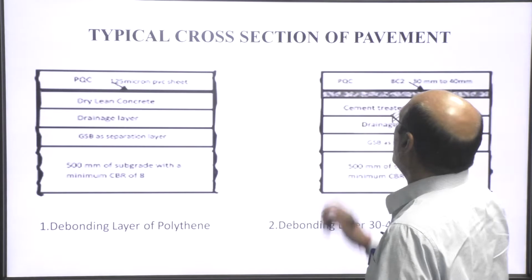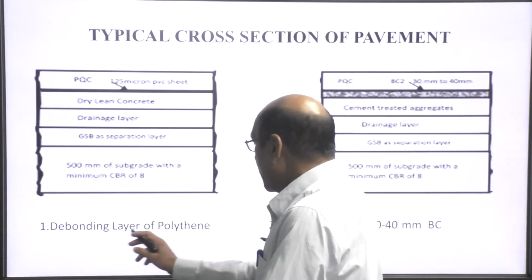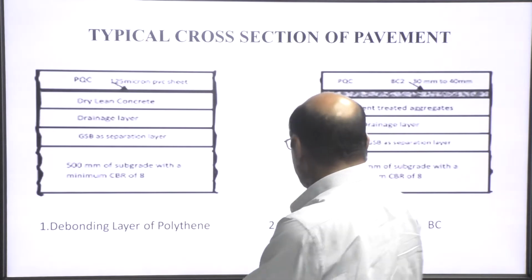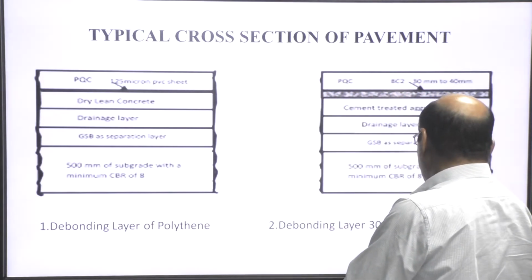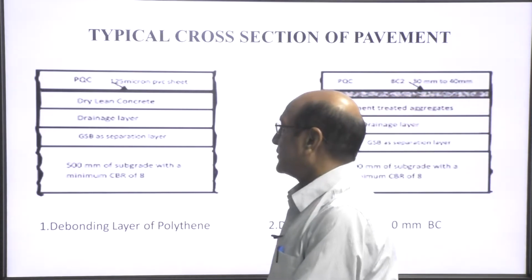This is a typical cross section of the pavement. Here a debonding layer of polythene, and a layer of 30 to 40 mm BC, bituminous concrete.